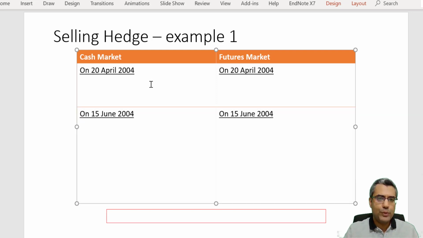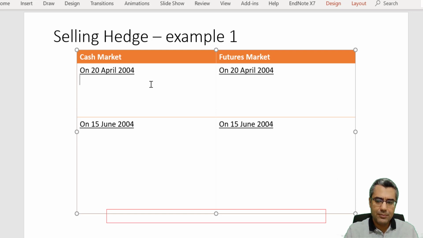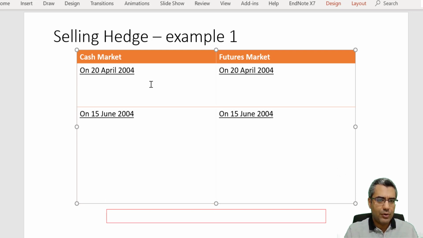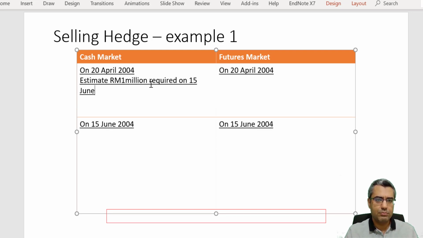So on 20 April, we already know that we need to borrow 1 million ringgit on 15th of June. So I write here, estimate 1 million ringgit required on 15 June. This is the information that we have today.